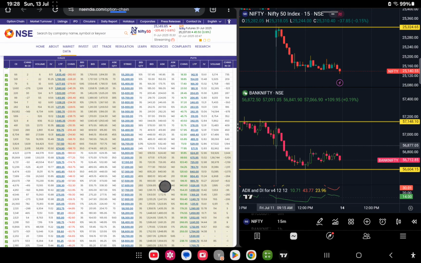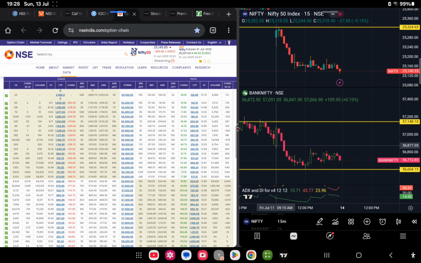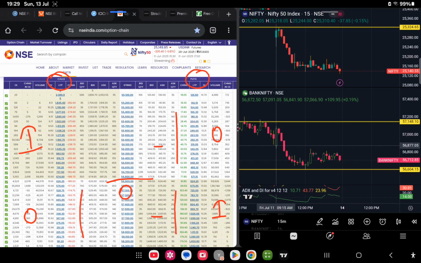This is our open ATM. So this is the call side OTM and ITM. This is the put side OTM and ITM. Now here it is negative and here is the max negative decay. Here it is the positive decay. Here it is the max positive decay.